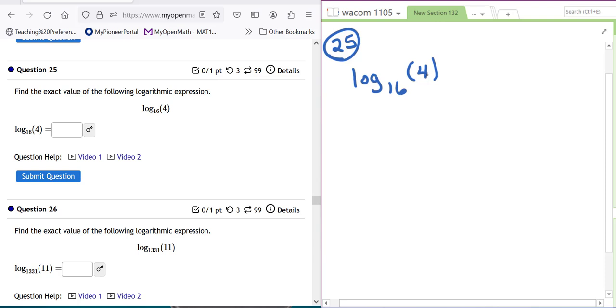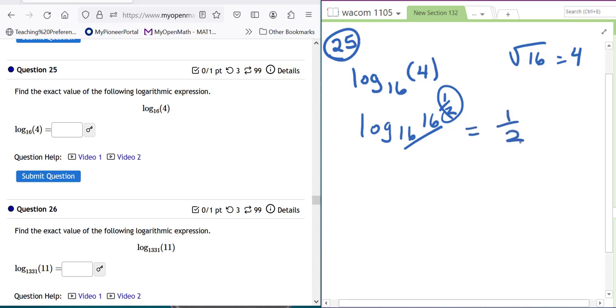So if you rewrote 4 as 16 to the 1/2, because the square root of 16 is 4, right? Then you've got this base the same. Your answer is going to be 1/2.